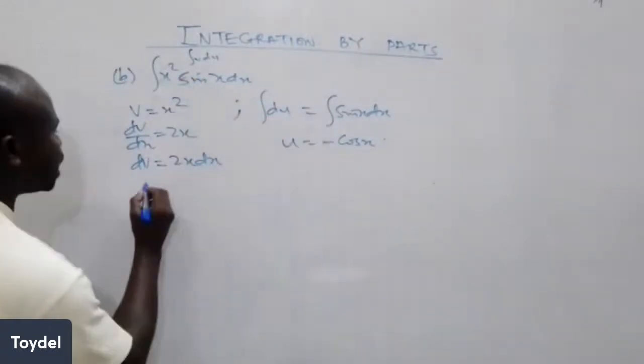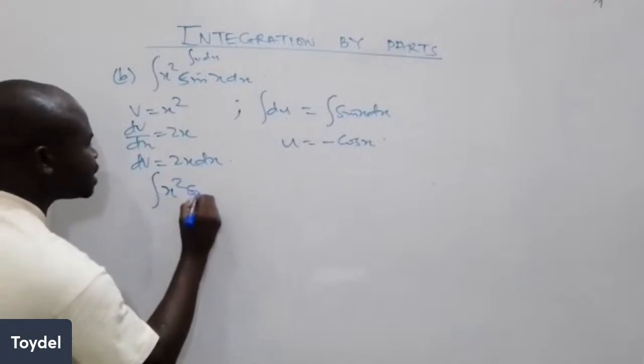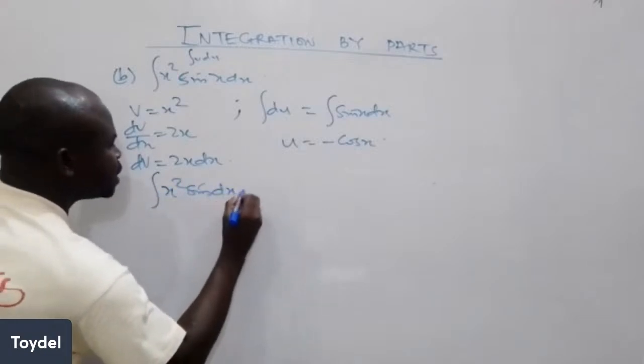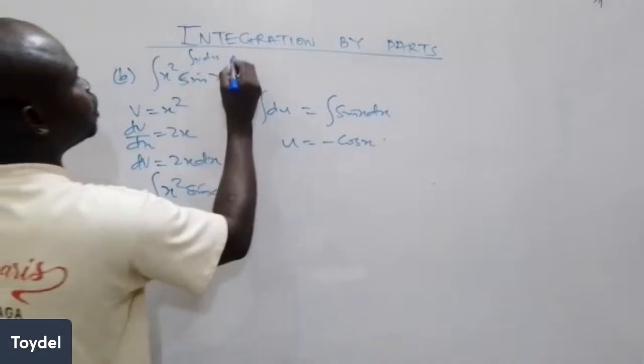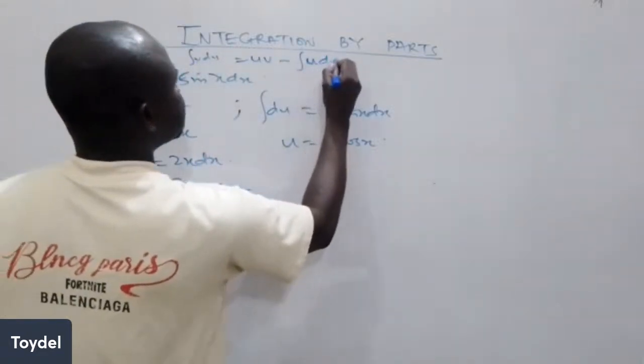Then if you have gotten that, we now come back to say the integral of x squared sine x dx is going to give us the integral of u dv, which is uv minus the integral of v du. That's what you get.